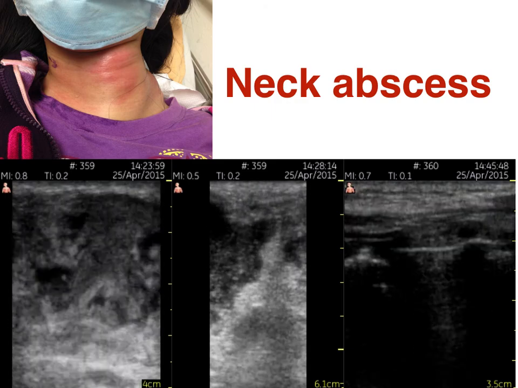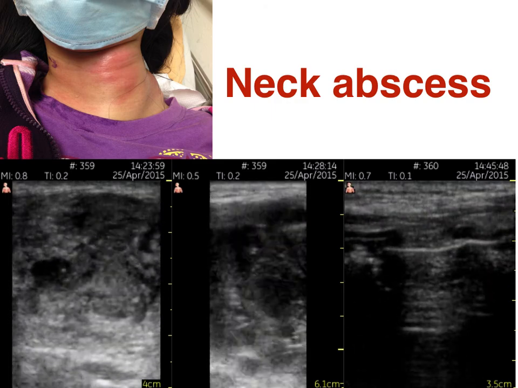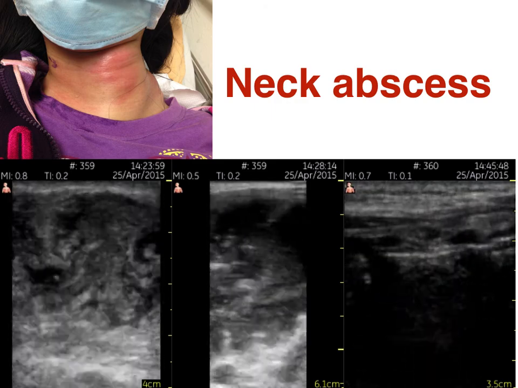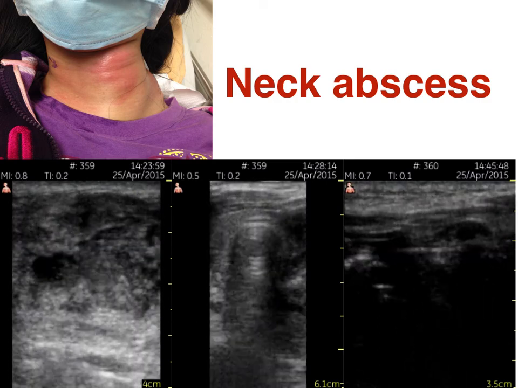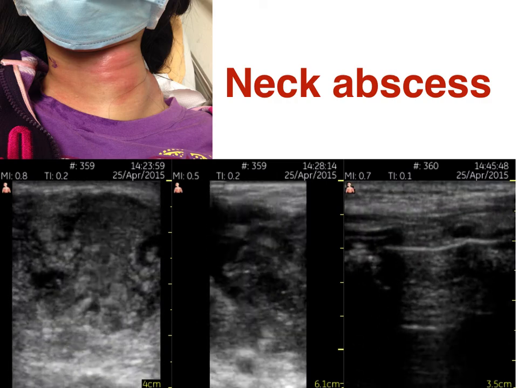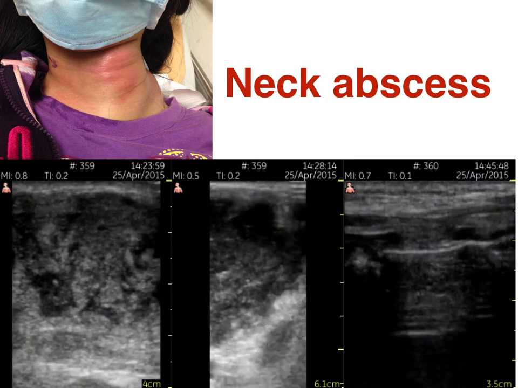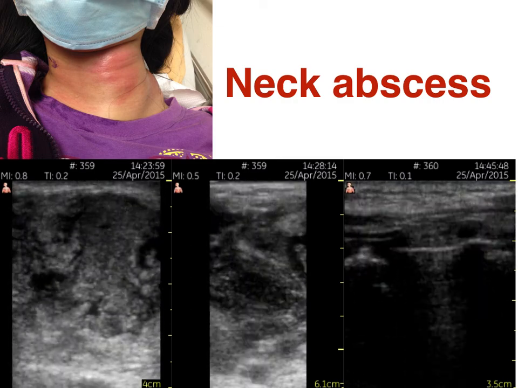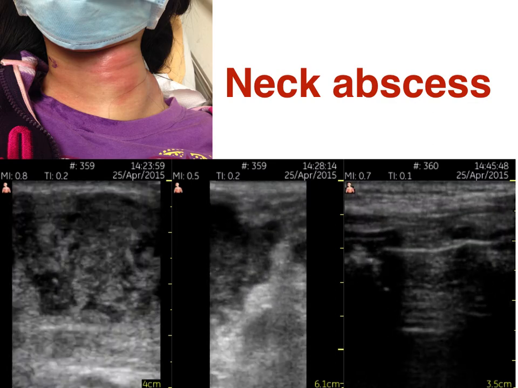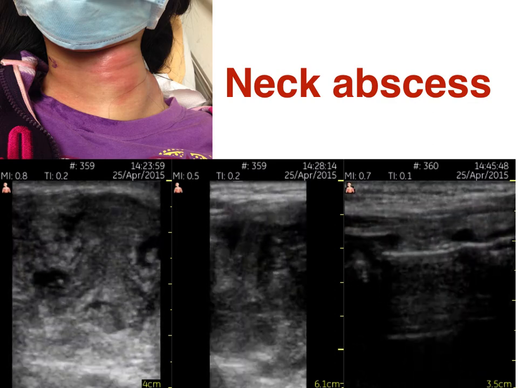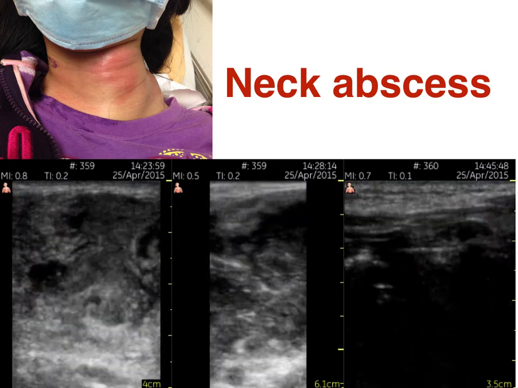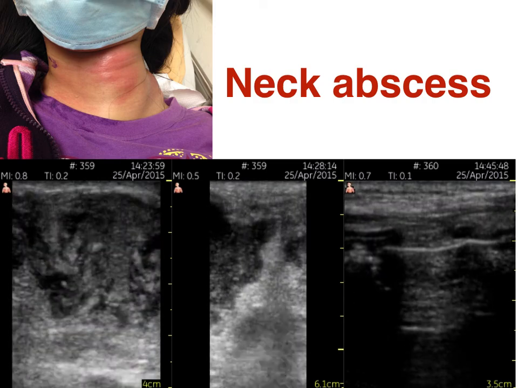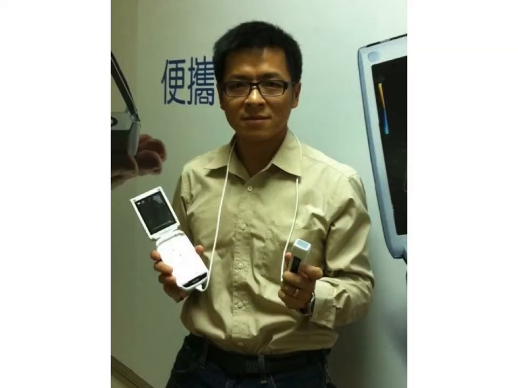But as you can see, if the patients develop some kind of problem, we can manage it at bedside, in the ICU and in the ER, to drain the abscess, to release the pressure, and even find the airway, right? So ultrasound can help to answer your question, because you face the question, so you need to find what it can help you with.